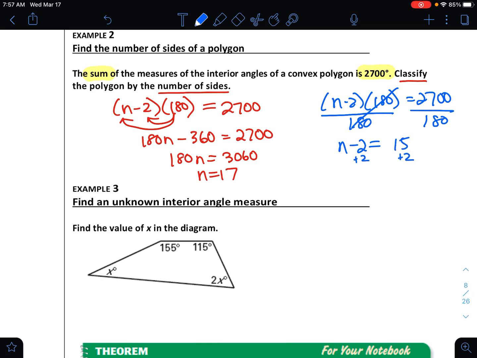Then I would add 2 to both sides to get 17. So it really depends on personal preference here. I can do this on this side because I have a number times a number, so if I have multiplication, I can divide off some of that. Okay, classification. I'm up to 17, so this gets that really generic classification. This is a 17-gon.